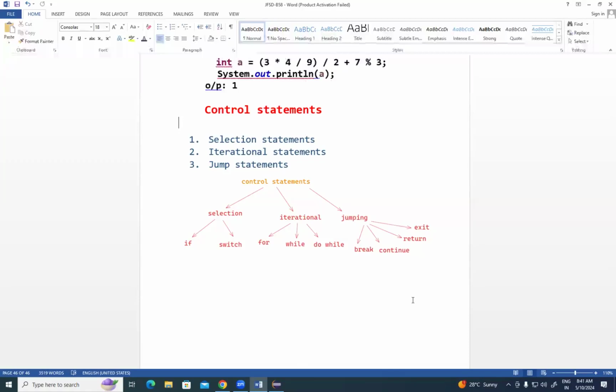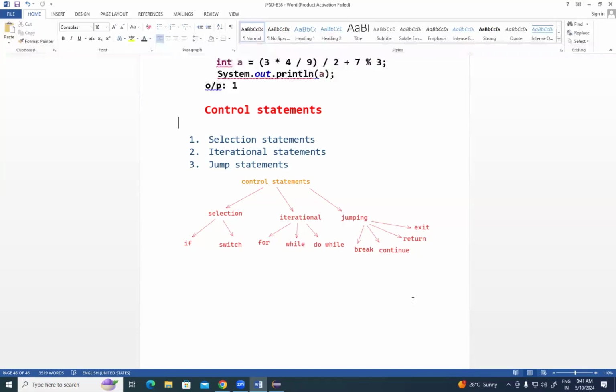For example, there are four food items shown to you and you're asked to select one of them. Able to follow me? That's what is called selection. You have to select one out of multiple.